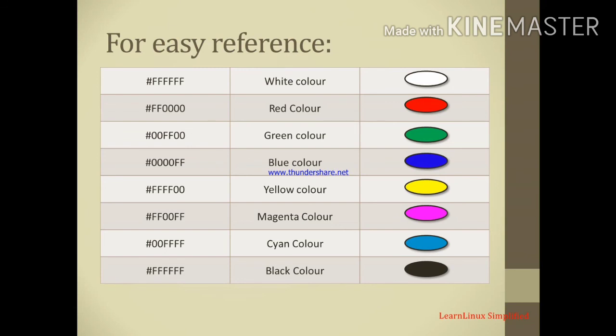Now a mixture of red and green will give you yellow color, red and blue magenta, blue and green cyan, and all the colors, sorry, here it should be 000000, then no color. Okay, so make the correction over here, this should be 000000. Note, all hex codes must be prefixed with hash.